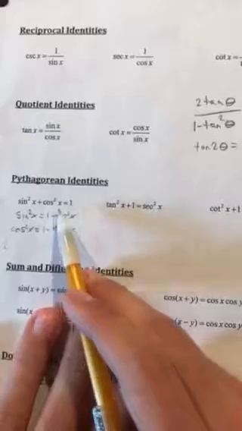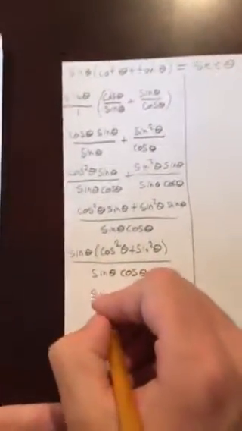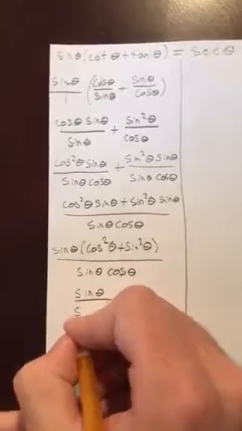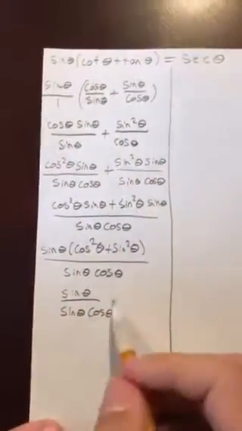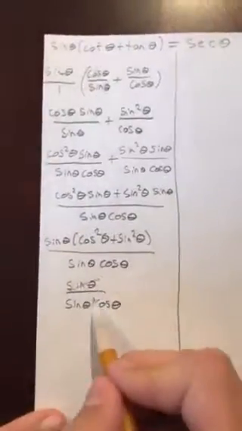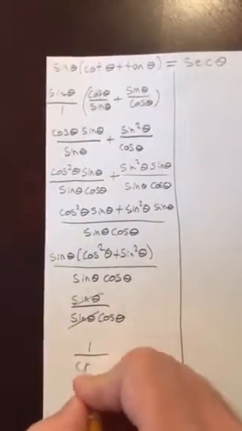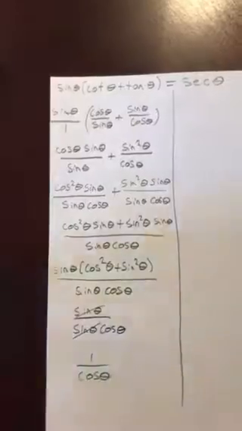Now, as we can see on this page over here, cos squared theta plus sine squared theta is the same as 1. It's just in a different order. So we're going to write that as 1, which once you times that out by sine, you get just sine theta over sine theta cos theta. And then we can go and cancel out sine theta and sine theta, and we're left with 1 over cos theta, which if you look over here, 1 over cos theta can be changed into secant theta.